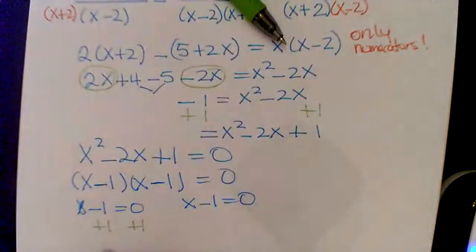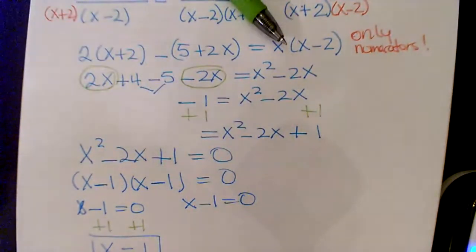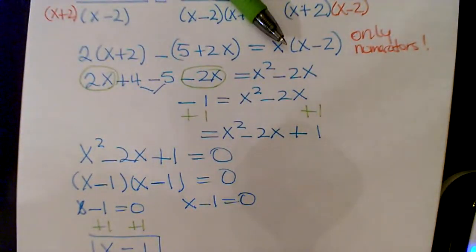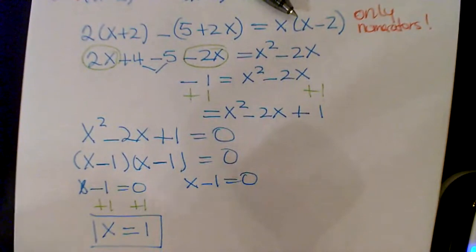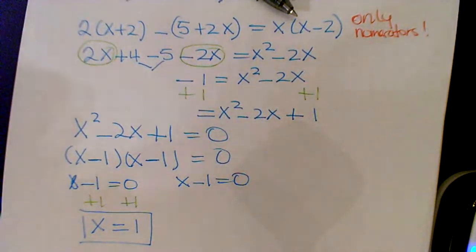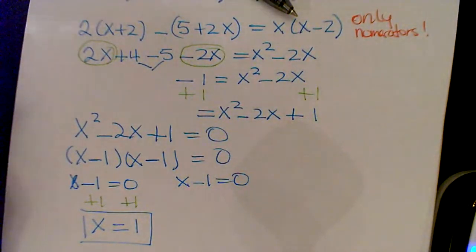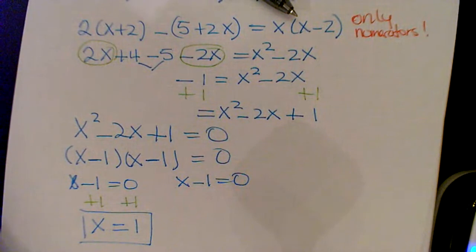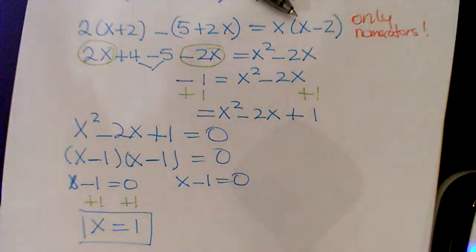Making it 0, my answer is going to be x is equal to 1. All right? So first we find the lowest common denominator. Once we find the lowest common denominator, we just keep the numerators, okay? That's all we do. We just keep the numerators.